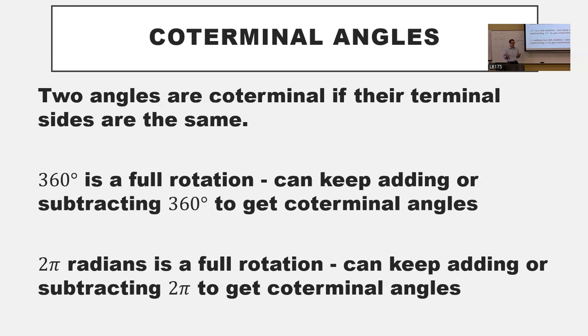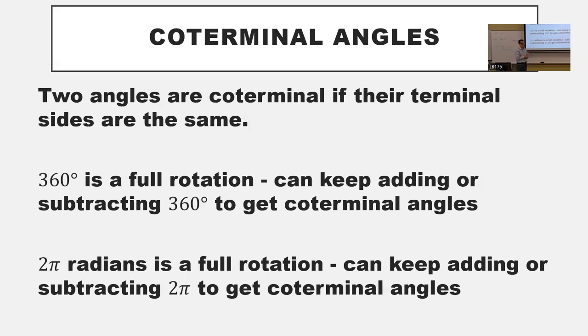There will be times when we're dealing with angles in this unit where, to avoid the problems of coterminal angles, we'll just say assume the angle is between 0 and 360 degrees, and then give me the answer where the angle is between 0 and 360, or give me the answer where the angle is between 0 and 2 pi radians.